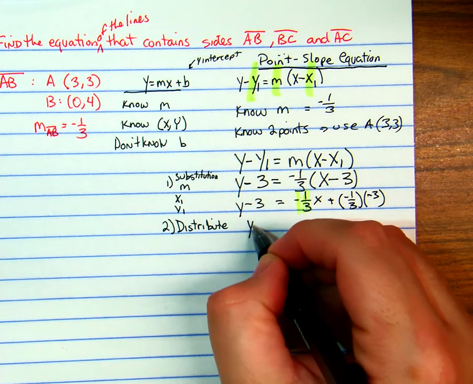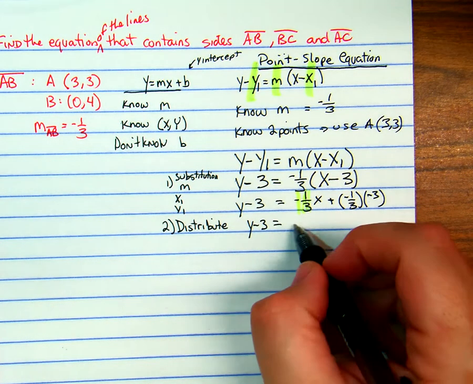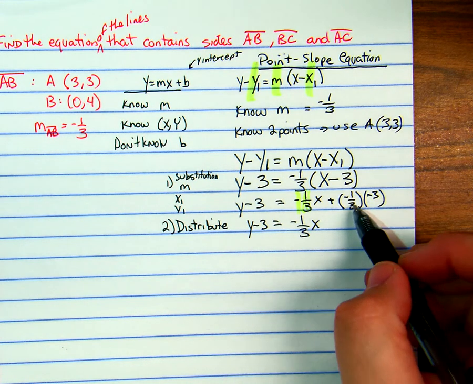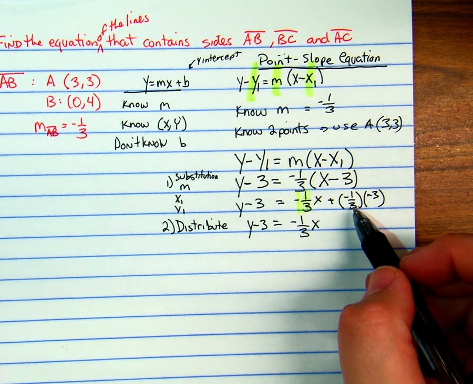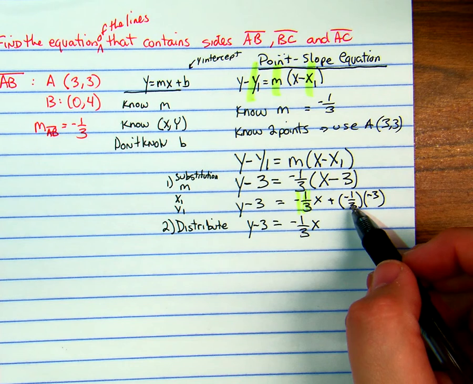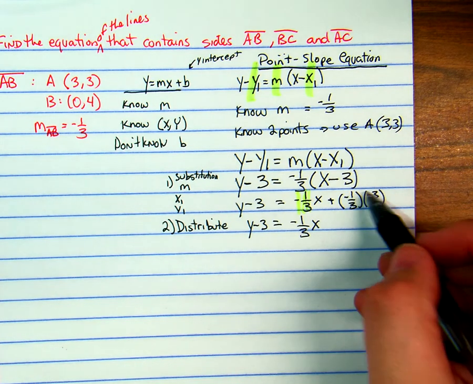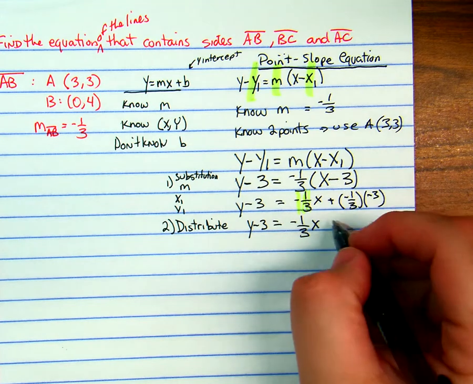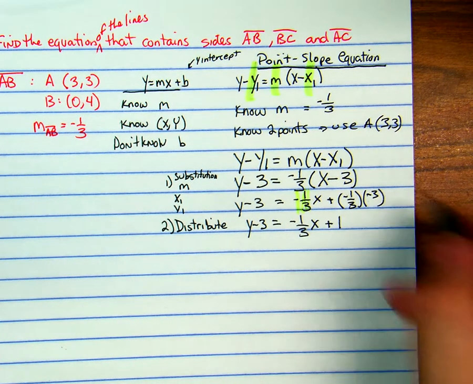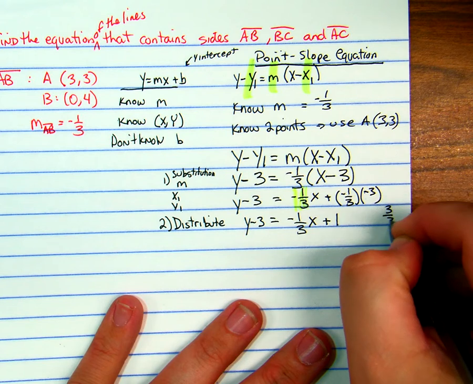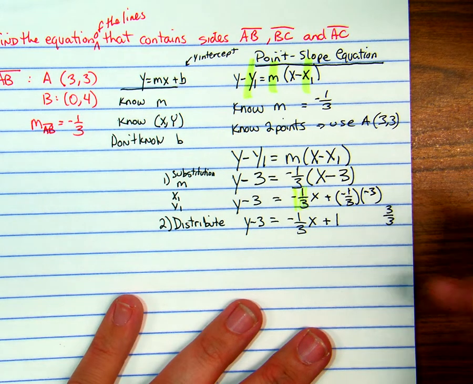So simplify this down. That's negative 1/3 x. Well, what's 3 times 1/3? Not 3, but 1, because they're reciprocals of each other. When you have a number times its reciprocal, it ends up being 1. What's negative times negative? Positive. So we got positive 1 in that case. If you didn't see that, you get 3 over 3, because you always multiply a whole number times the numerator.